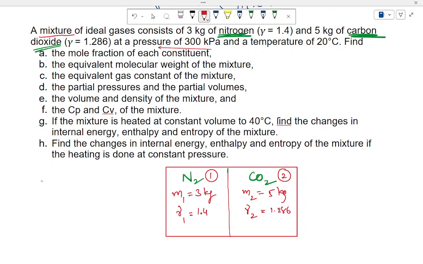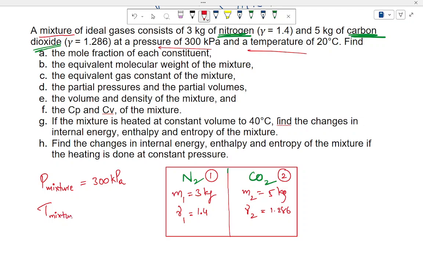So this is the pressure of the mixture he is giving you. So the pressure is actually given for the mixture, which is 300 kilopascal, and he has also given the temperature here. This is also the temperature of the mixture.